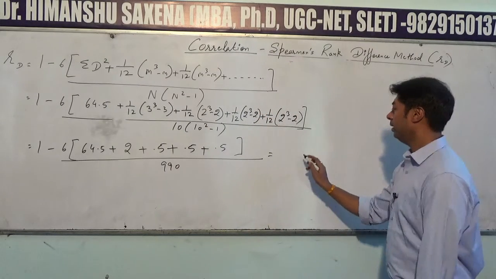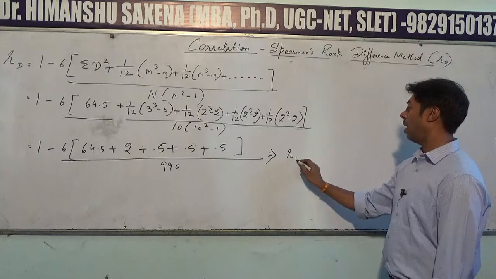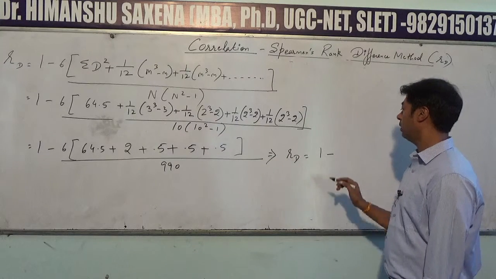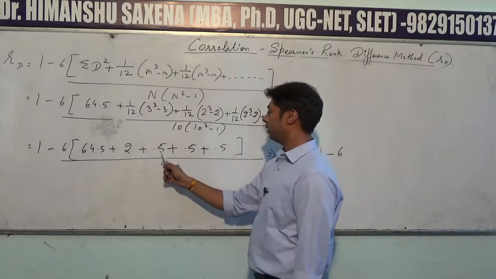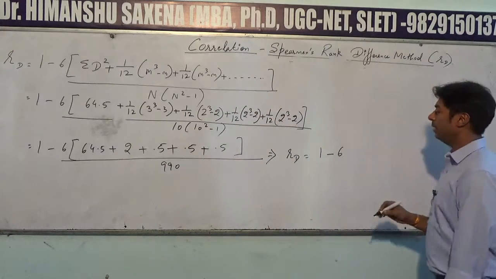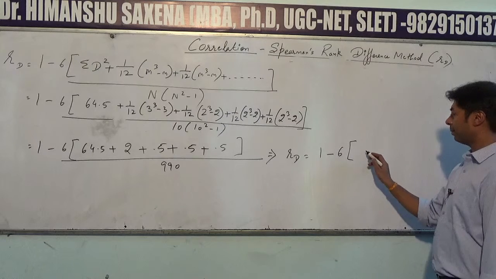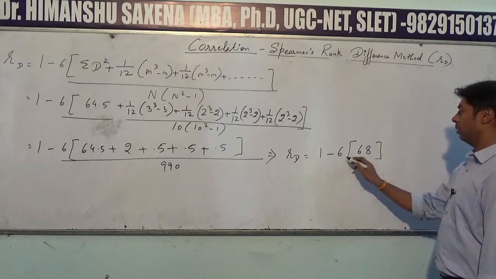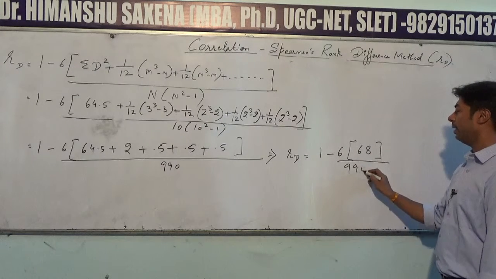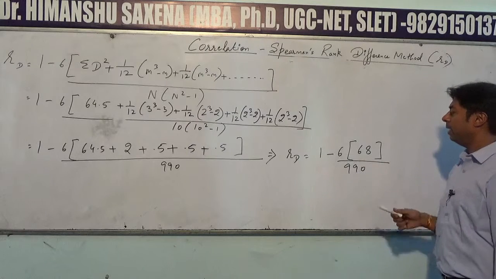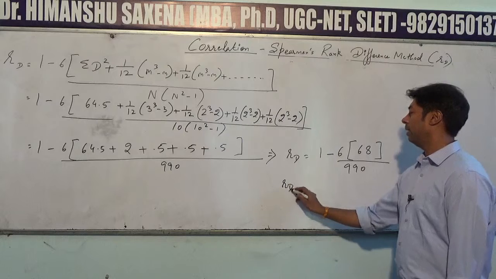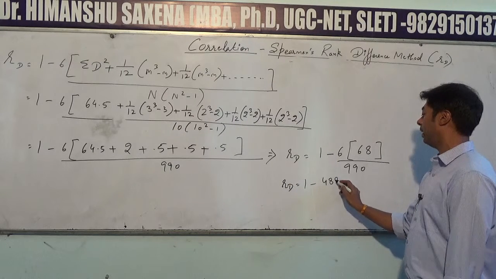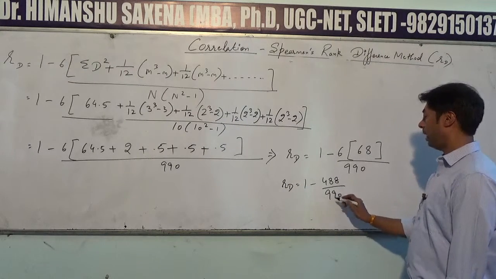Now solving this, RD will be 1 minus 6, which is outside the bracket, into the total of 64.5 plus 2 plus 0.5 plus 0.5 plus 0.5, which is 68, upon 990. Now 68 multiplied by 6 is 408, so RD is 1 minus 408 upon 990.